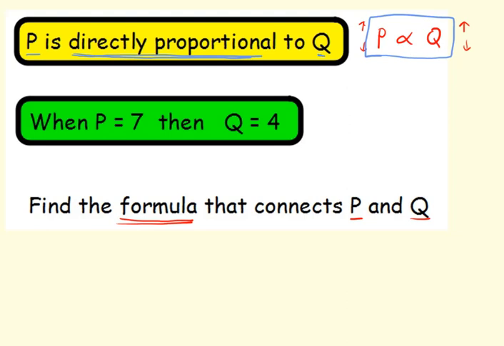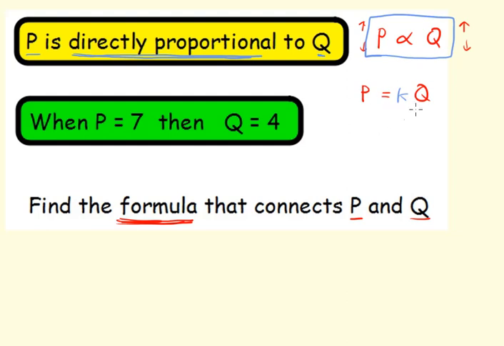There is a formula that connects these two variables together, and that formula must look like this. It must be P is equal to something times Q.